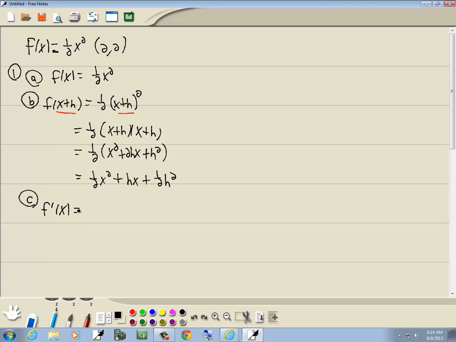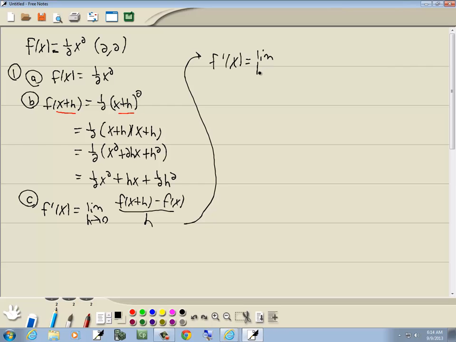Then our formula for our derivative. We got the limit as h goes to 0 of f of x plus h minus f of x all over h. So we got the limit as h goes to 0, f of x plus h is 1/2 x squared plus hx plus 1/2 h squared, minus f of x, which was 1/2 x squared, all over h.